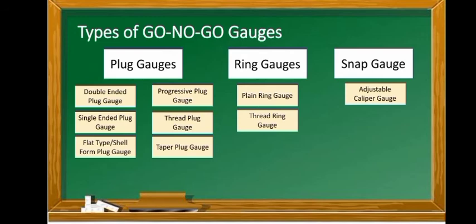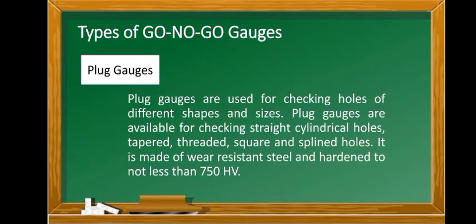In ring gauges, there are two kinds, the plain and thread ring gauges, while the snap gauge has only one kind, the adjustable caliper gauge. Plug gauges are used for checking holes of different shapes and sizes. They are available for checking straight cylindrical, tapered, threaded, square, and splined holes. They are made of wear-resistant steel and hardened to not less than 750 HV.